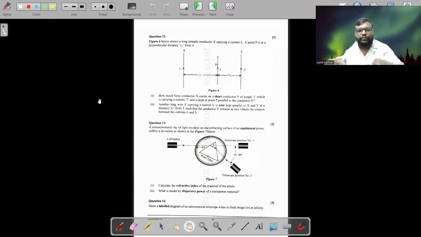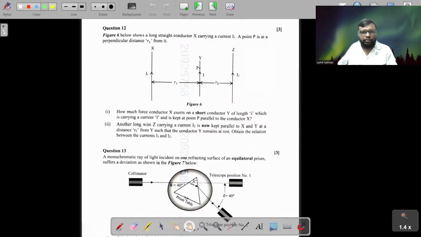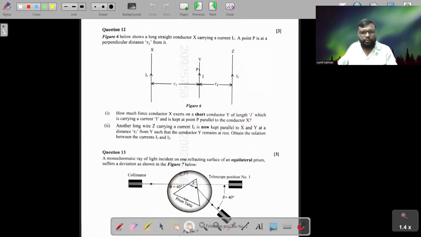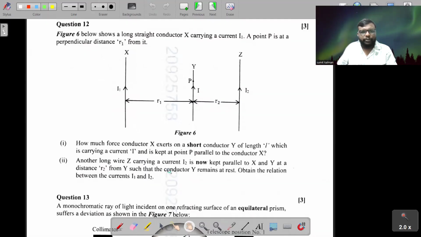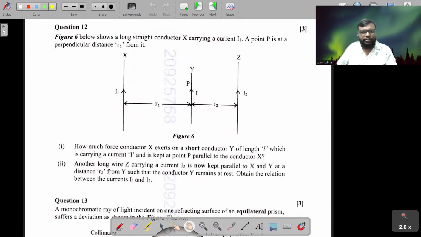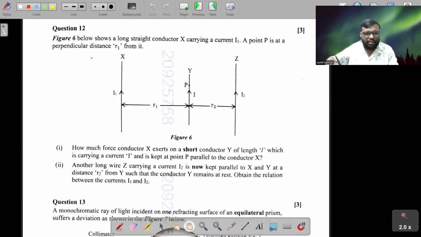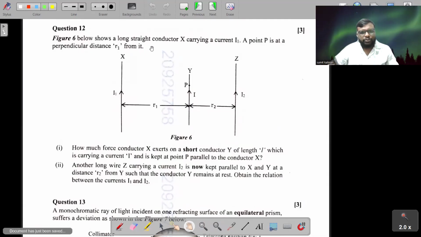Now question number 12. In the 12th problem, this problem is a little bit tricky one, but it's very simple. Figure 6 below shows a long straight conductor X carrying a current I1.